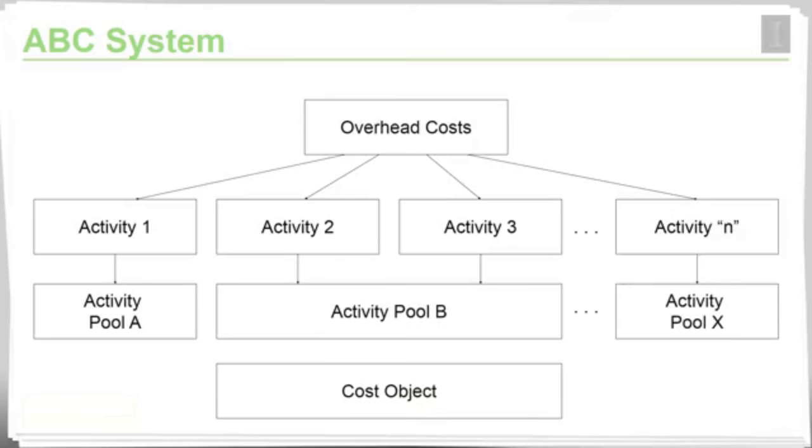But again, we have a list of different activity pools, much more involved and much longer than what we would see in a simplified traditional costing system. And then the last step is to assign these different activity pools, all measured in terms of costs, to the cost object. So whatever the cost object is using in terms of these activities, that's how we determine what its cost is. Now, let's have a checkpoint just to make sure we're all on the same page.